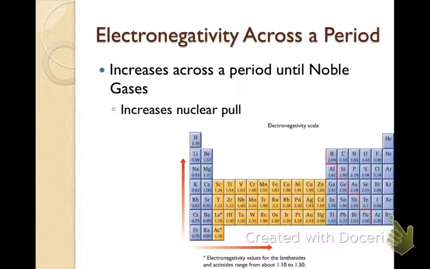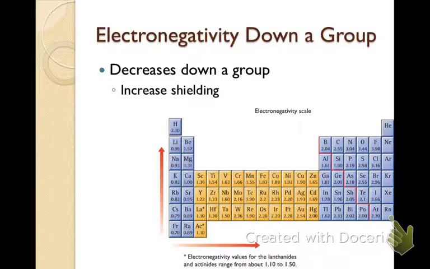So again, the electronegativity value increases across the period until you hit the noble gases, and that's because there's a greater nuclear pull. That fluorine's nucleus is going to attract more electrons of another atom. As you go down, we decrease the electronegativity value. And just to remind you of that, think about francium versus hydrogen.